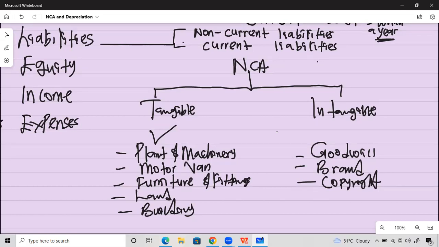And when you move on, in accounting, you remember in our introduction class we talked about the International Accounting Standards Board. International Accounting Standard 38 deals with intangible assets. For the tangible, International Accounting Standard 16 talks about tangible assets.